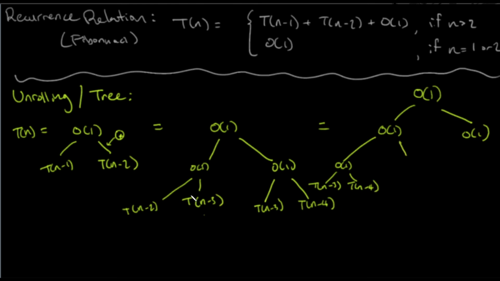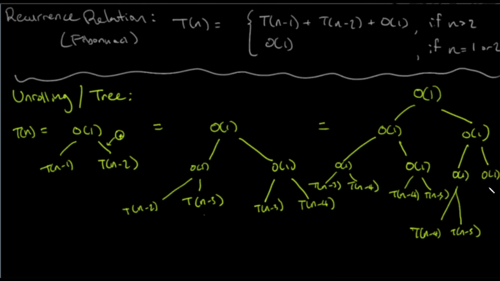This guy is going to become O of 1 plus T of n minus 4 plus T of n minus 5. Let's see if I can fit this here. This T of n minus 3 is going to become T of n minus 4 plus T of n minus 5. And this guy is going to become an O of 1 plus a T of n minus 5 plus a T of n minus 6.